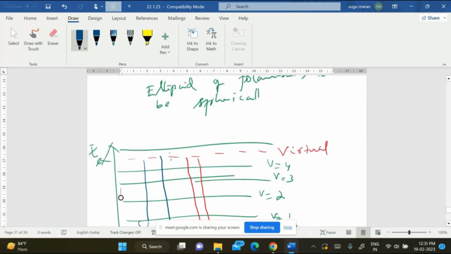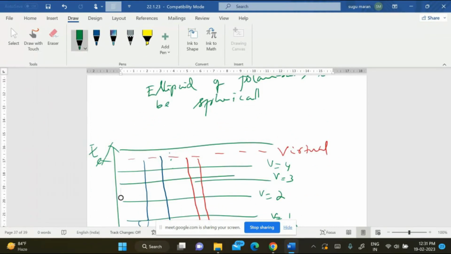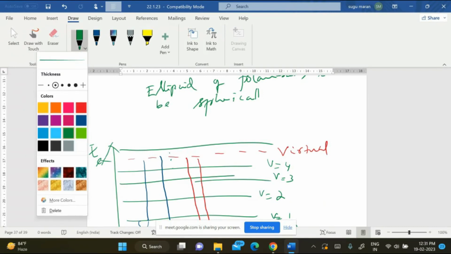Now I'll draw it in a different line, maybe a yellow line.